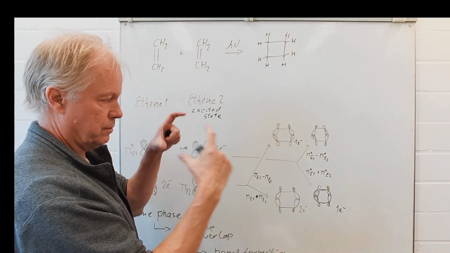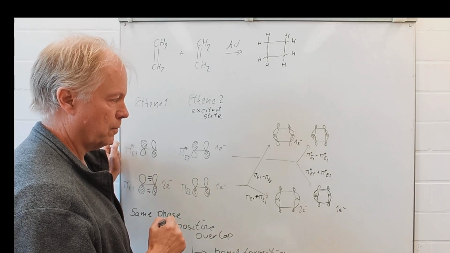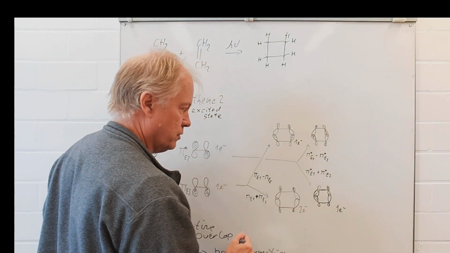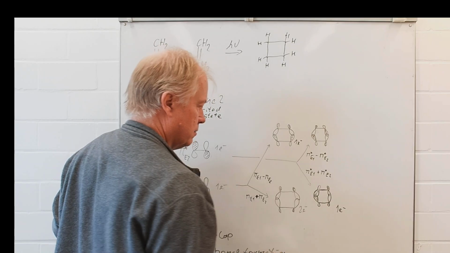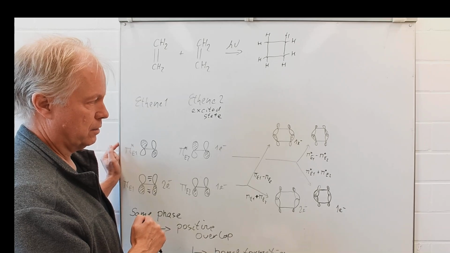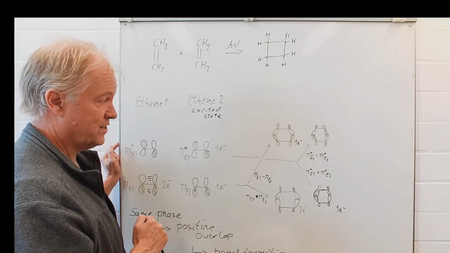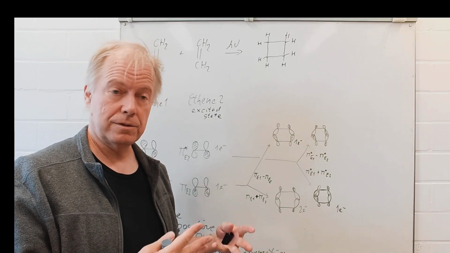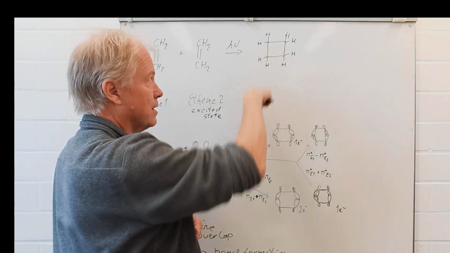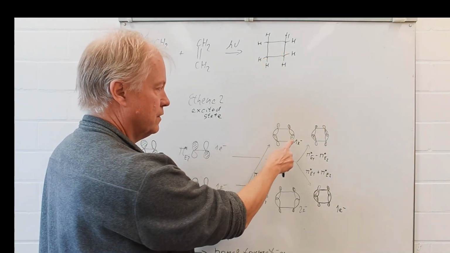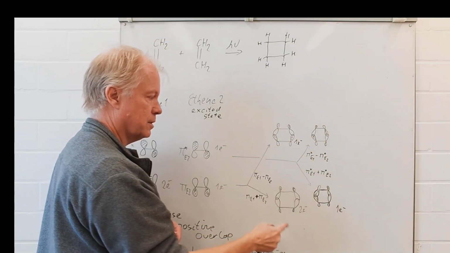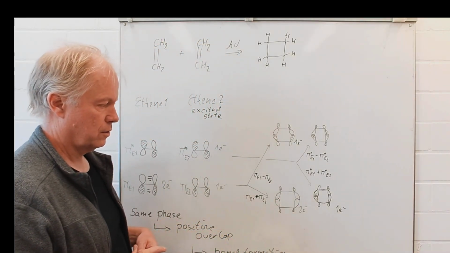So, after the cyclobutane formation, we will initially have 3 electrons in 2 bonding molecular orbitals and 1 in an antibonding molecular orbital. This is, of course, an excited state. To get to the ground state of the cyclobutane molecule, this electron has to change from the antibonding molecular orbital into this bonding molecular orbital.